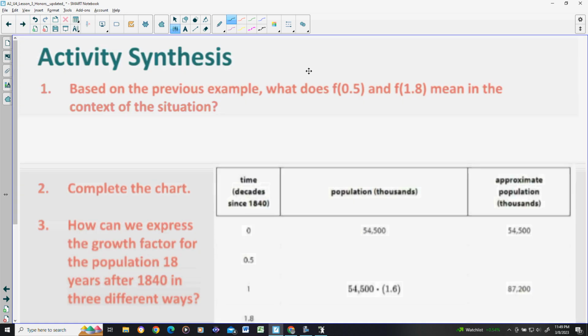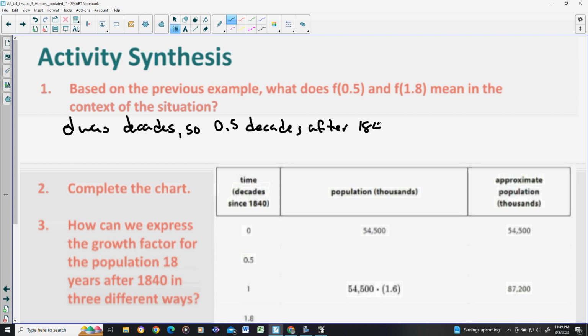Okay. So what do these mean? What we looked at is, remember, D was decades. So we had 0.5 decades after 1840, 1.8 decades after 1840.